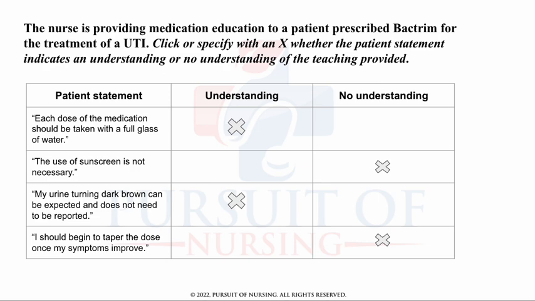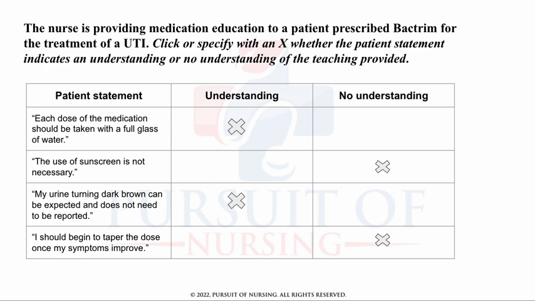Also, the patient should be educated on the importance of maintaining a high fluid intake to avoid the development of crystalluria in the urine. The patient should not be instructed to taper or discontinue the dose. You always want to complete your entire course of antibiotics. That goes for antibiotics for any sort of infection.